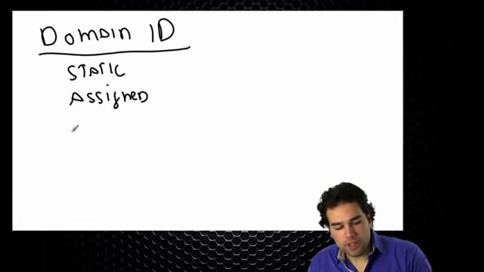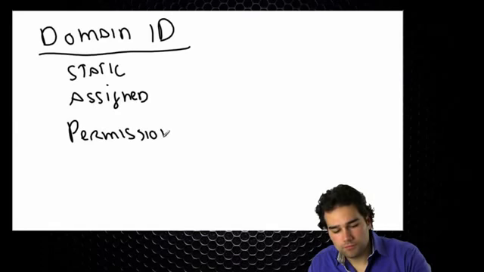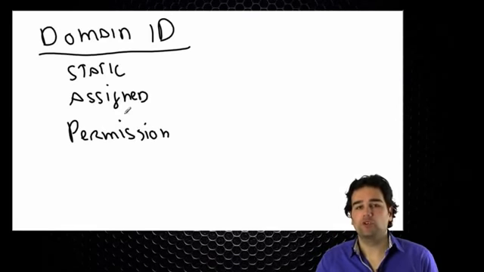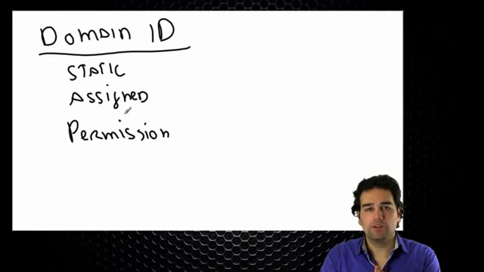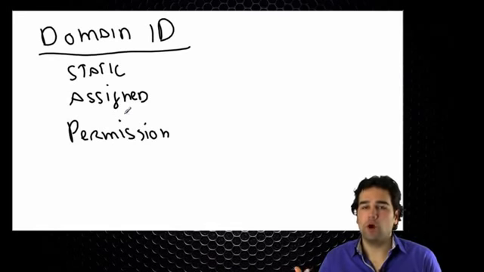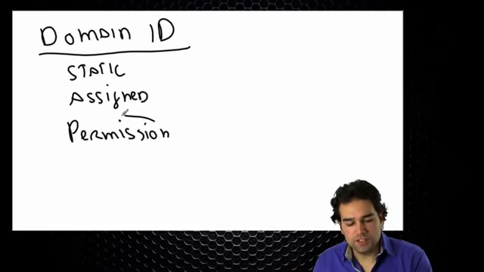So either way, I need to have permission of the network to run a certain domain ID. I cannot just configure one and have an overlap with somebody. Domain IDs will never overlap. Why? Because you always need to have permission.